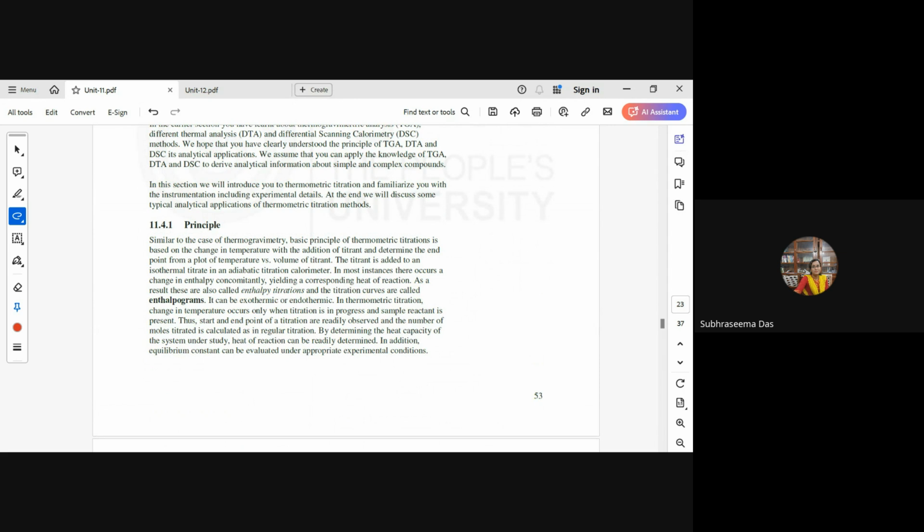This particular plot is called an enthalpogram, and such titrations are called thermometric titrations or enthalpy titrations.